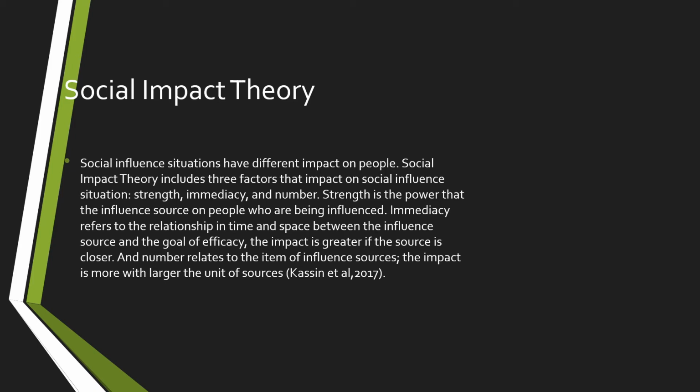Immediacy refers to the relationship in time and space between the influence source and the target. The impact is greater if the source is closer. And number relates to the number of influence sources. The impact is greater with a larger number of sources.